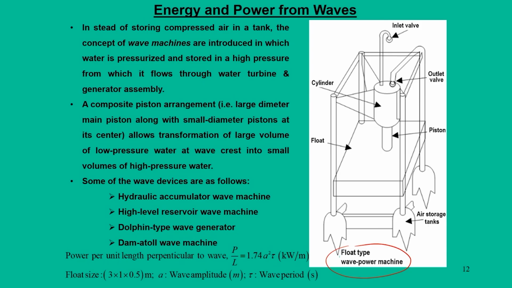High pressure water is stored, and those machines are called hydraulic accumulator wave machines, high level reservoir wave machines, or dolphin. That means you take the wave and store that water at a certain height. There is also the dolphin type wave generator and dam atoll wave machines. There are a variety of machines that take care of storing water instead of air.